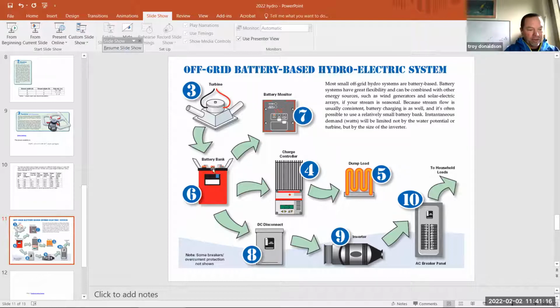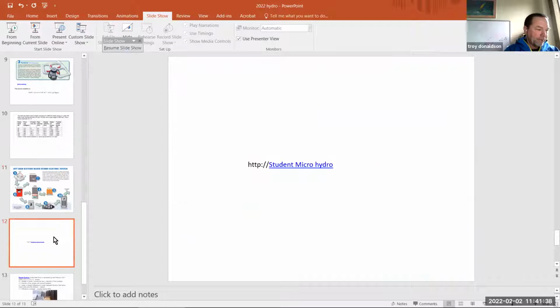And then when there's a DC load, it draws from the battery, right? If we want to run 120 volt, then it would go through an inverter and into your household panel. So fairly simple system, very similar to solar. Just take the turbine away and put a solar panel here and you have the same system.